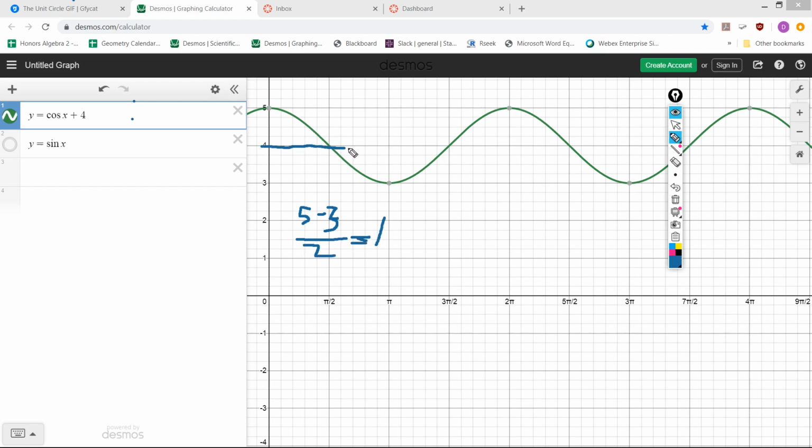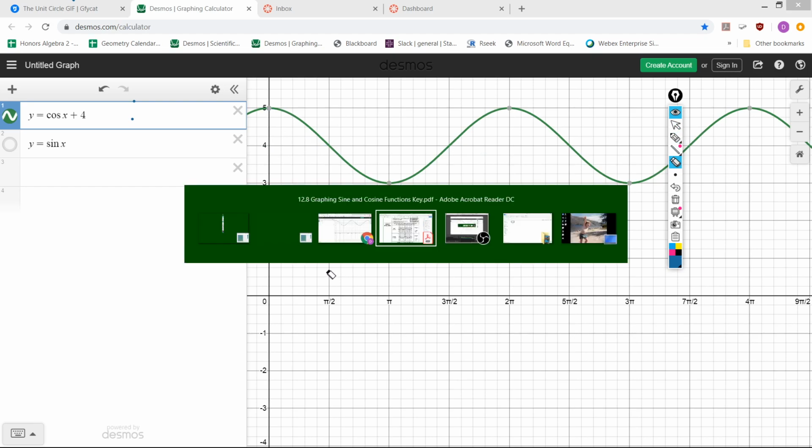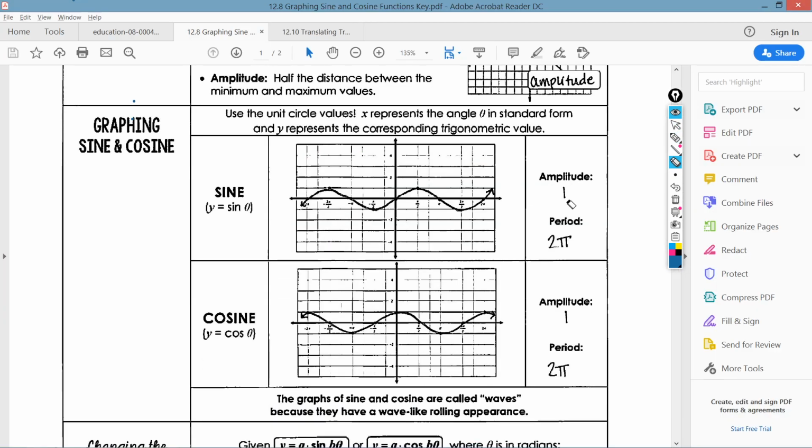And if I make my midline right here, it still looks like 1. So it doesn't matter where it is. You can use different techniques to find that amplitude. So that covers amplitude, that covers period.